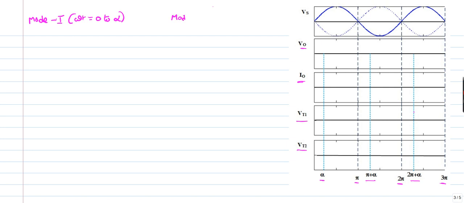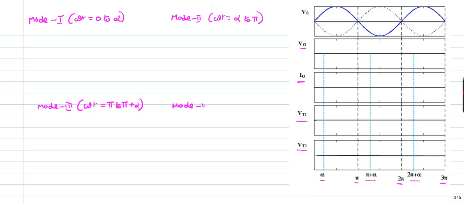Mode 2: triggering instant to zero crossing, that means alpha to pi. Mode 3: zero crossing to triggering instant, that is pi to pi plus alpha.